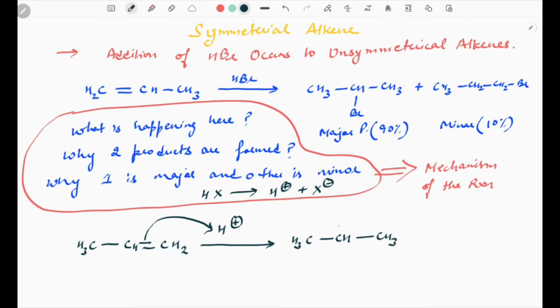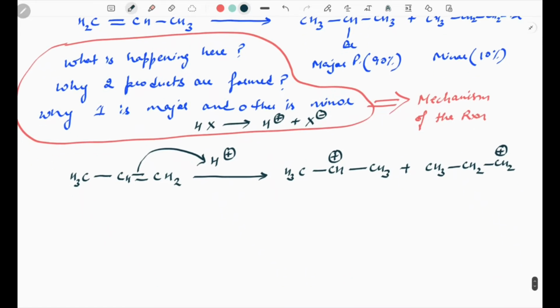In this case, two carbocations are possible. This one is formed as well as this carbocation is formed. Now this is a secondary carbocation, more stable. This is formed in preference to the primary carbocation, which is less stable.